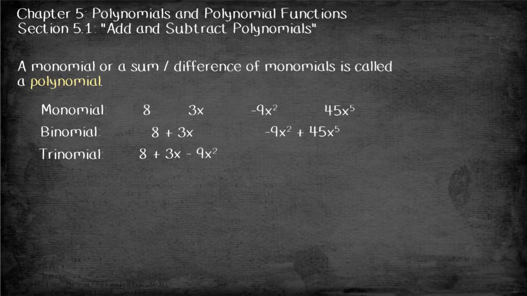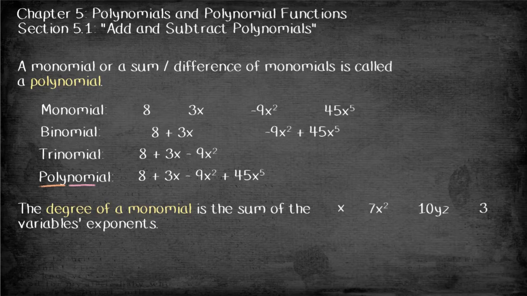Trinomial has three terms because of the word tri, as in triceratops. And finally, we come to the polynomial, which has its roots in the Greek word poly, meaning many, and nom, meaning delicious.